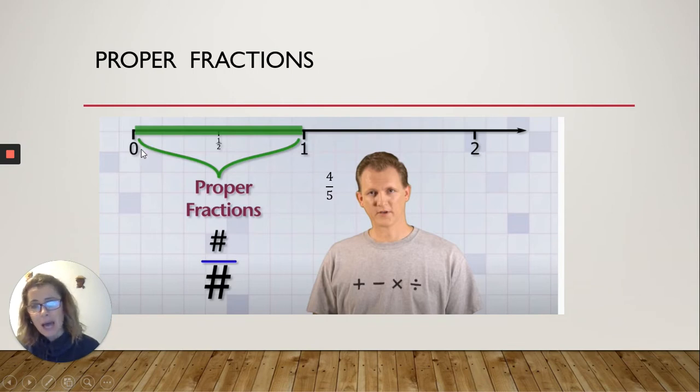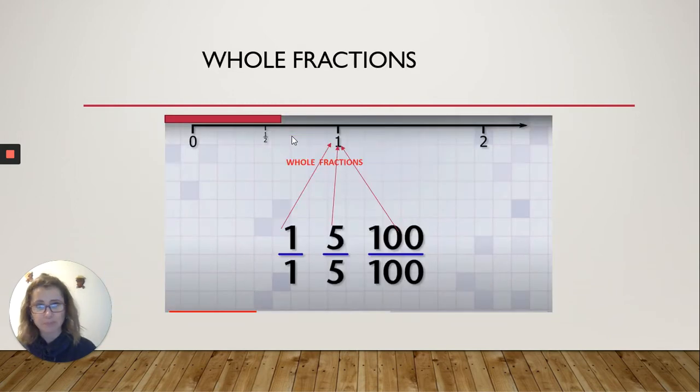These fractions are located in the number line here in the green part, where it is a little bit more than 0, but less than 1 whole. These are called proper fractions. And remember, the numerator is less than the denominator.